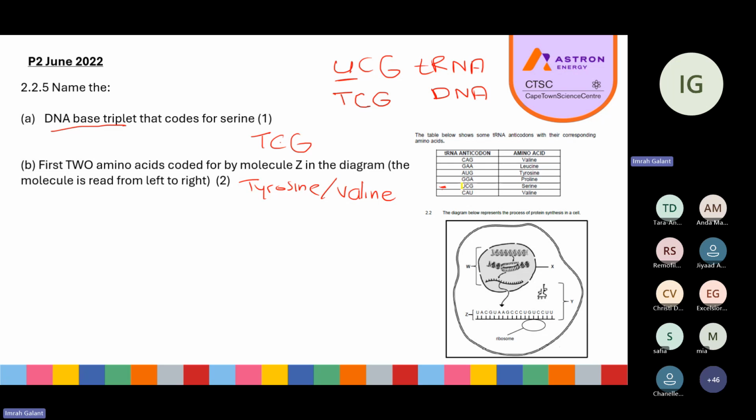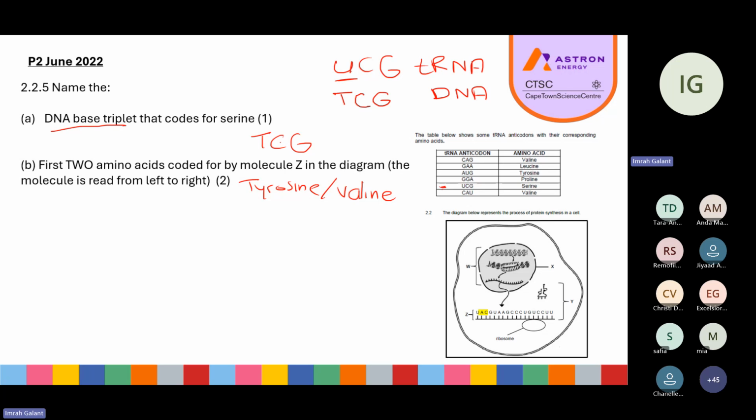So molecule Z is our mRNA, because as shown in the diagram, that is your mRNA attached to the ribosome. They're asking us to look at that one over there, UAC, for the first amino acid. And the second one is GUA.